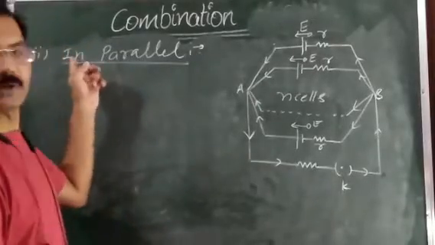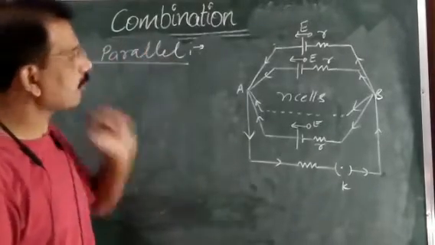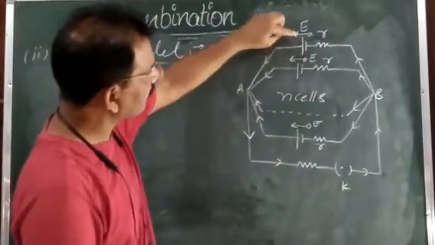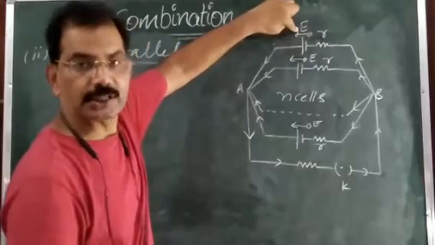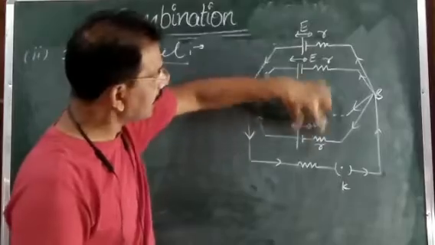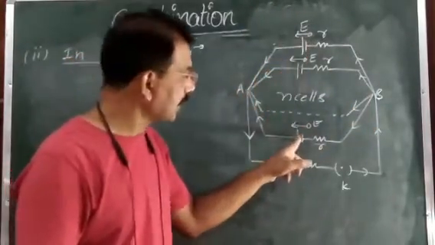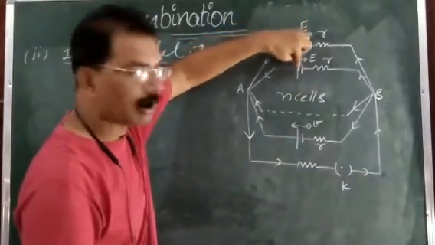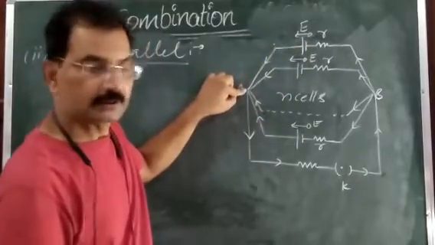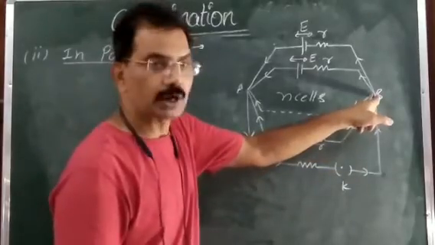Now, the second combination is when cells are joined in parallel. And in parallel combination, now you see here, suppose n cells, EMF of each cell is E and internal resistance r, are joined in parallel between A and B. In parallel combination of the cells, the positive terminal of each cell is connected to one point and the negative terminal of all the cells is connected to the other point.